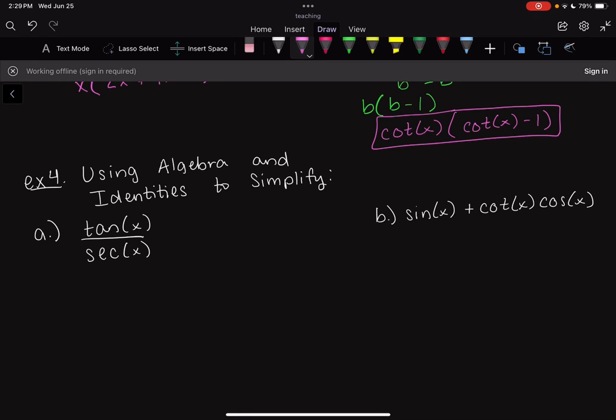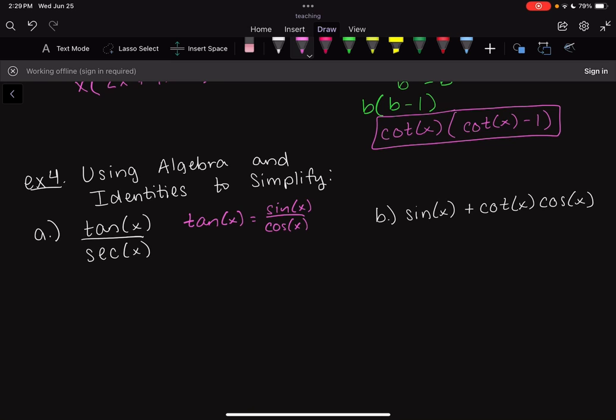So sometimes whenever you're trying to simplify trig stuff, it can be helpful to maybe change into sine and cosine, just to see if anything can cancel out. So for instance, tangent is equal to sine over cosine.